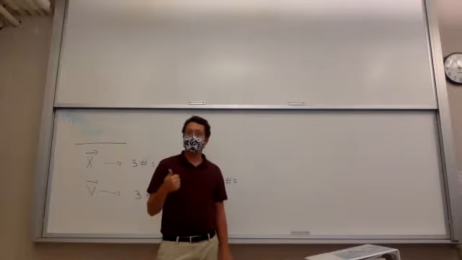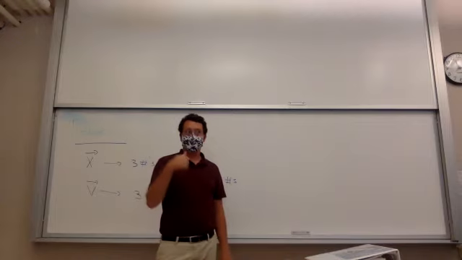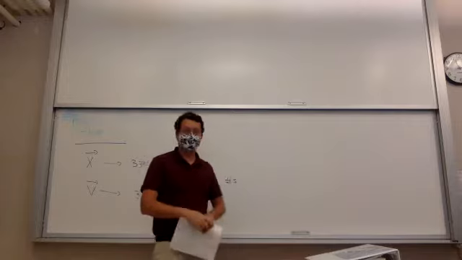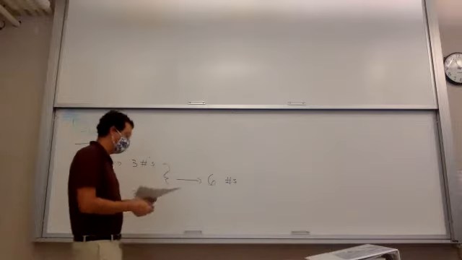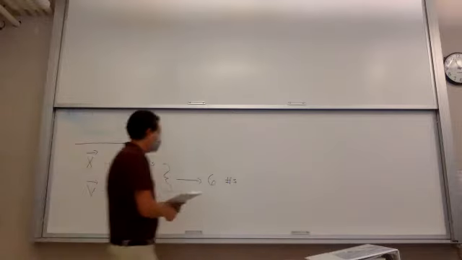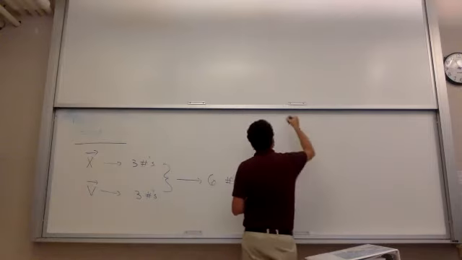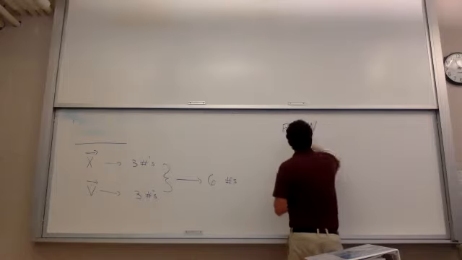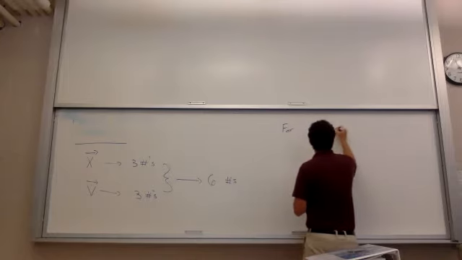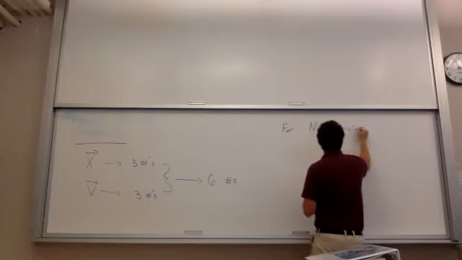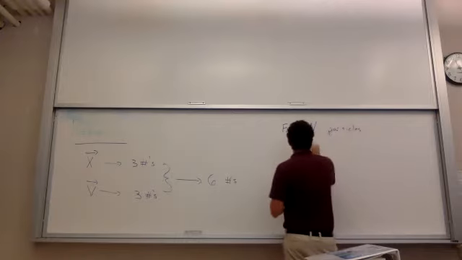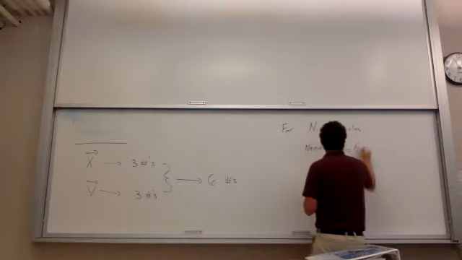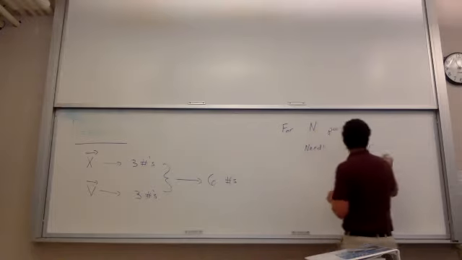Because for every single particle, you'd have to specify 3 positions and 3 velocities. You have 10 of them, so it's a total of 60 numbers. So for n particles, you need 6n numbers.